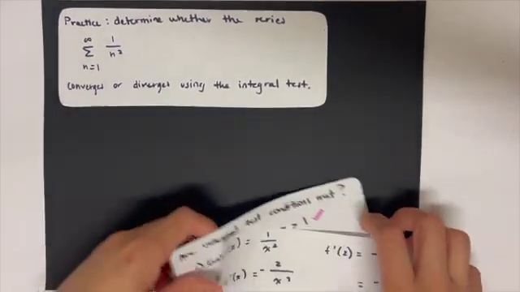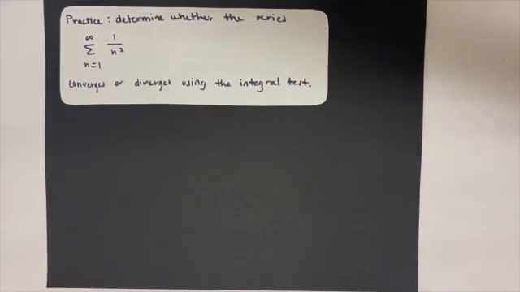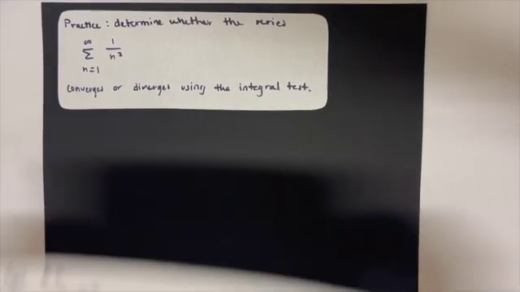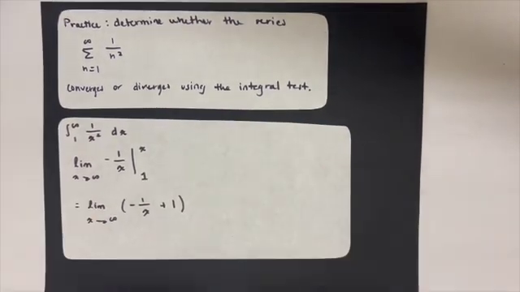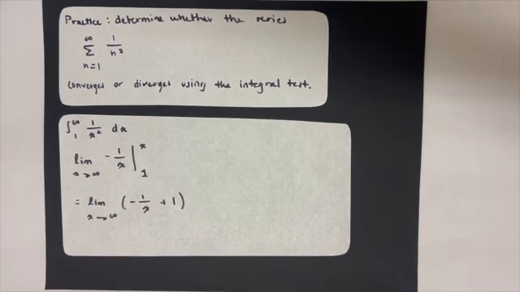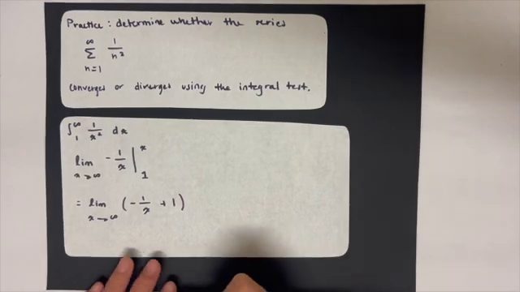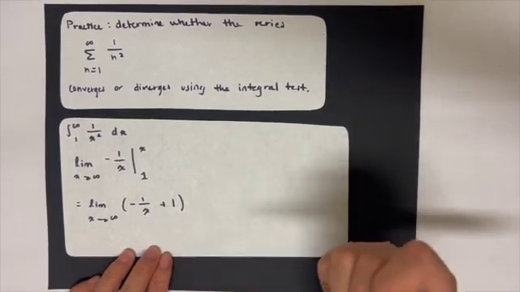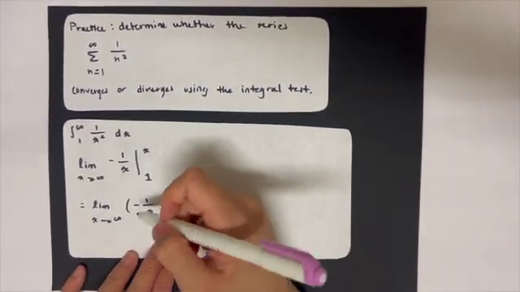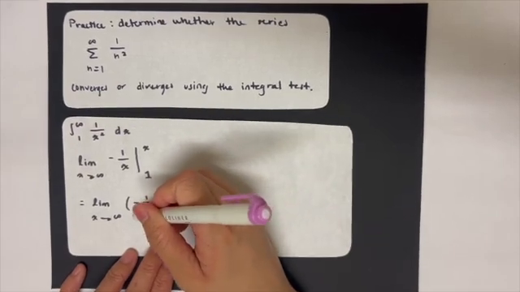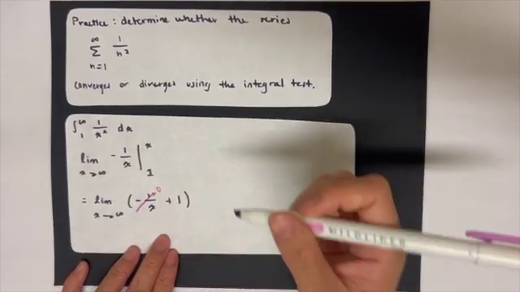Now that we know all these conditions are met, let's determine if the series converges or diverges. We'll look at the integral, and we'll solve the integral from 1 to infinity. After solving the integral, we see that it's negative 1 over x, plus 1. Negative 1 over x approaches 0 as x gets larger, so that equals 0.